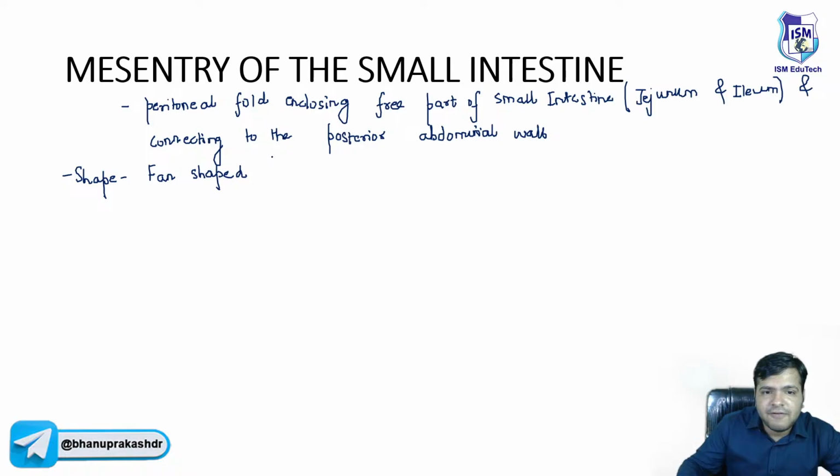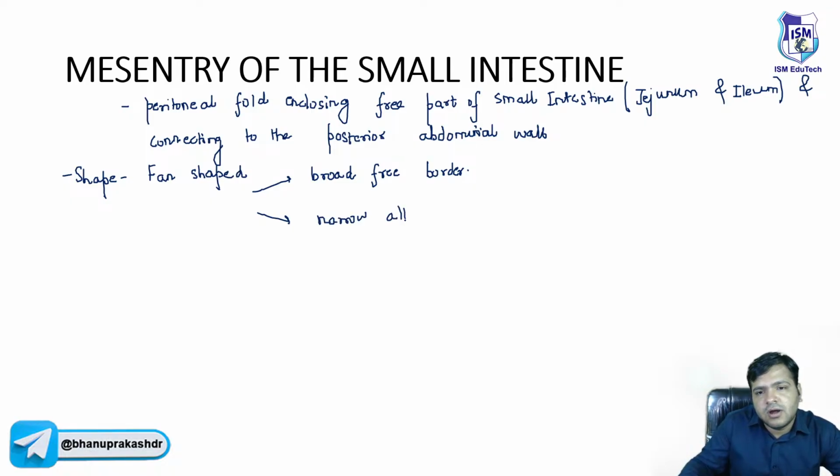Now it is fan shaped and it is having two borders, beta. We have a broad free border and we have a narrow attached border.